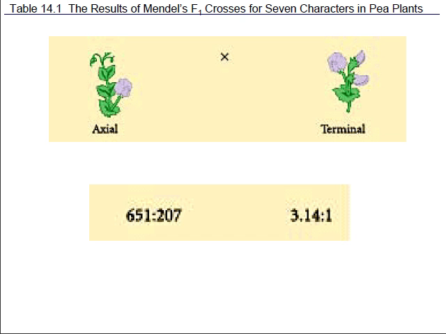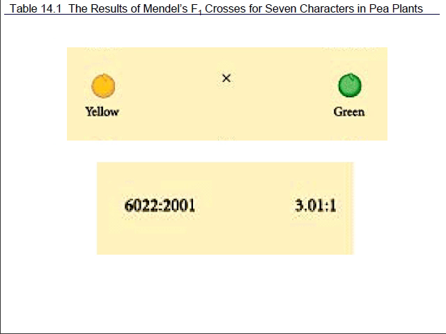And he got 651 to 207 in the F2 generation, which is about a 3.14 to 1 ratio. We've got yellow seeds versus green seeds, true breeding for both in the P generation. In the F2, you get 6,000 to 2,000, about a 3.01 to 1 ratio, and this is really close. Check out the numbers we've got here and the closeness of the ratio.